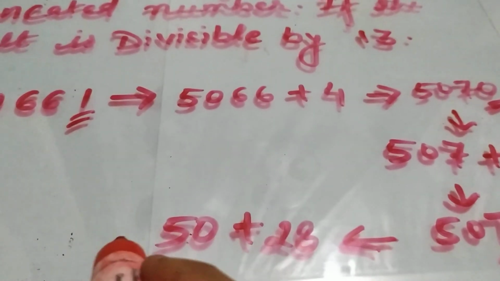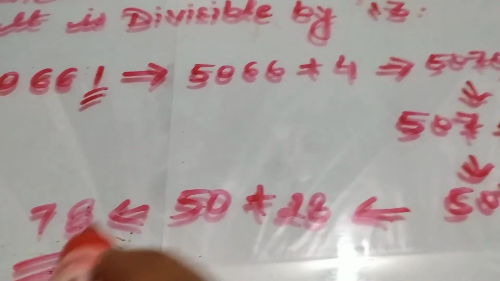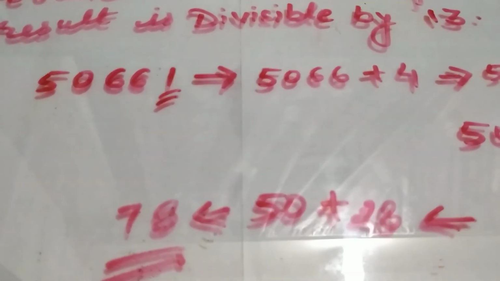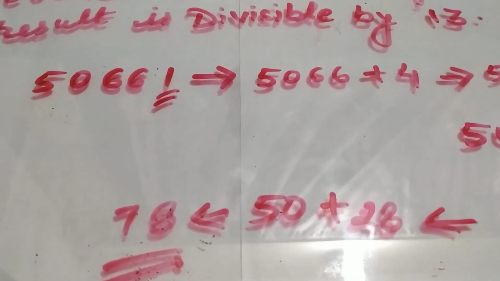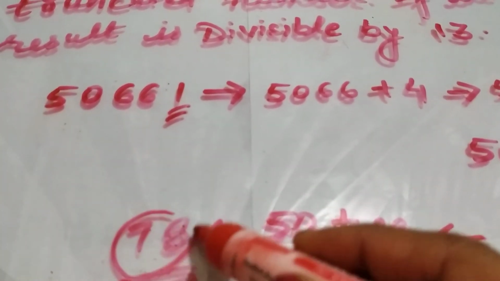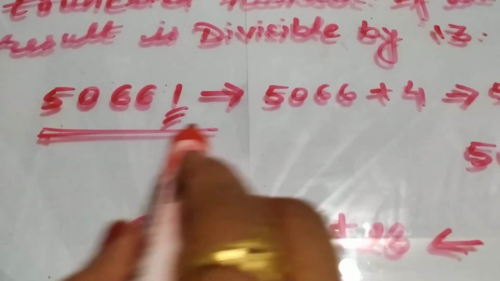What you got? 78. So in the end you got 78, and you know 78 is divisible by 13: 13 times 6 is 78, which means the result is divisible by 13. So the original number is divisible by 13.